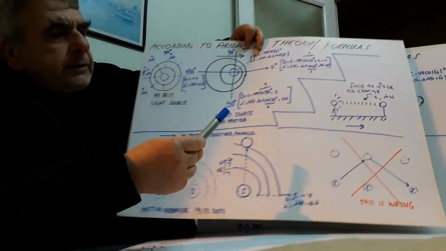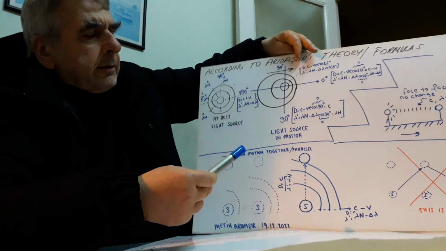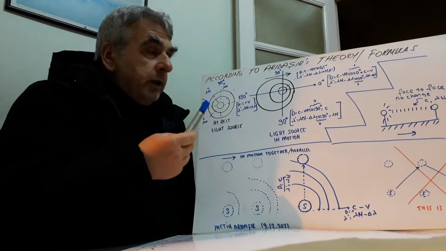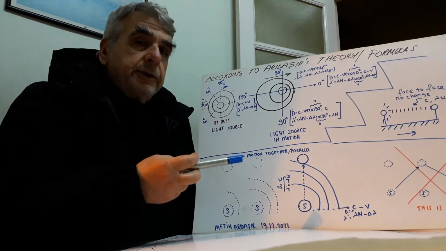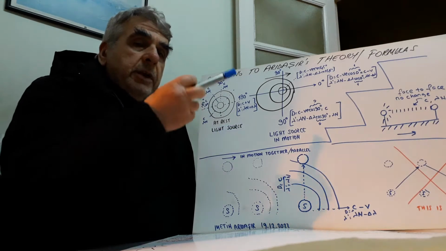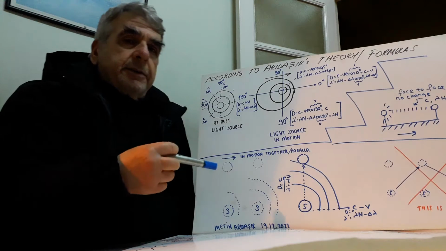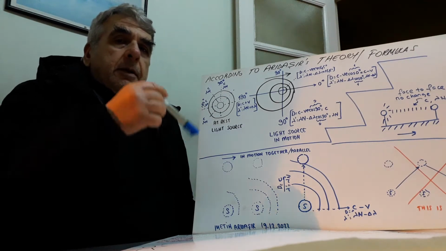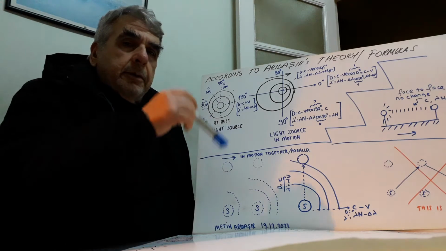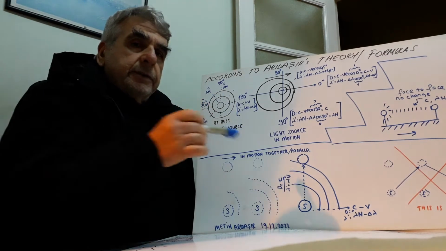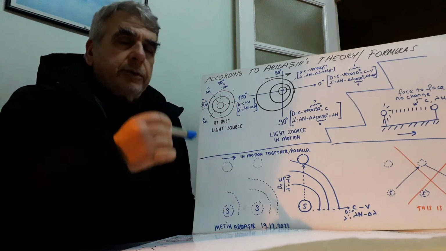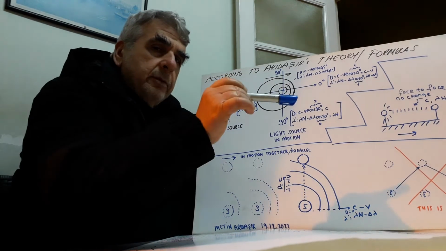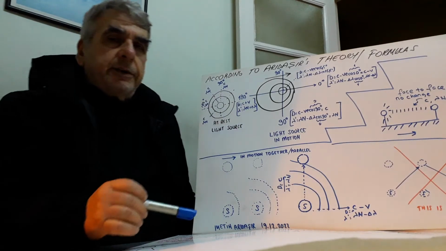Point wave velocities, point wavelengths, point wave energies and point wave masses are variable, relatively depending on their light source's velocity, motion direction and orientation.